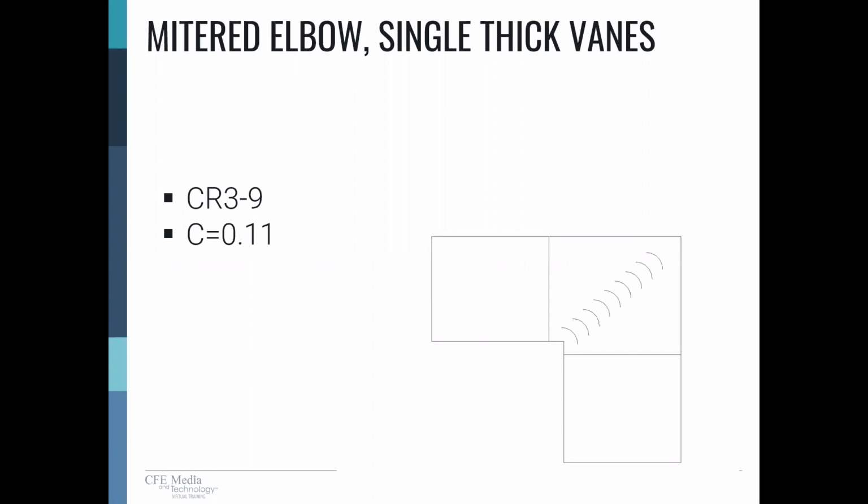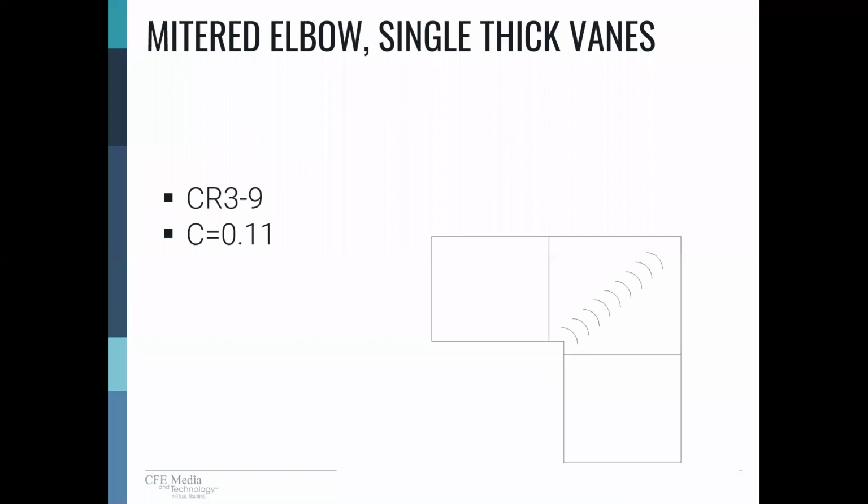We now look at a mitered elbow. This is for square duct. And they made a point of putting in single thickness vanes. I was sort of surprised by that just in going through this. And I looked at double thickness vanes, or the ones that have little profiles to them.